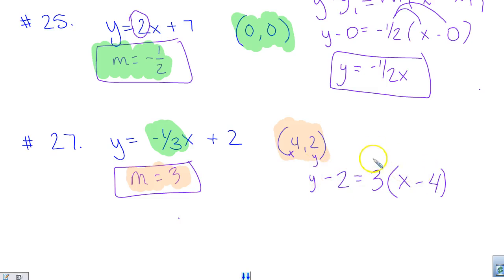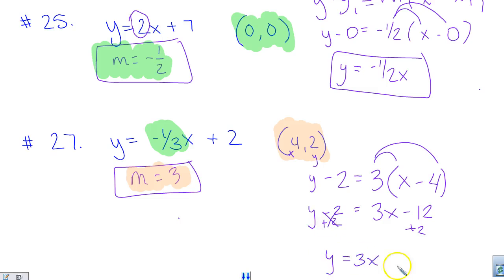In order to add that 2, I have to distribute first. And then after I apply the distributive property, I can go ahead and add 2. y is equal to 3x minus 10 should be your equation here.